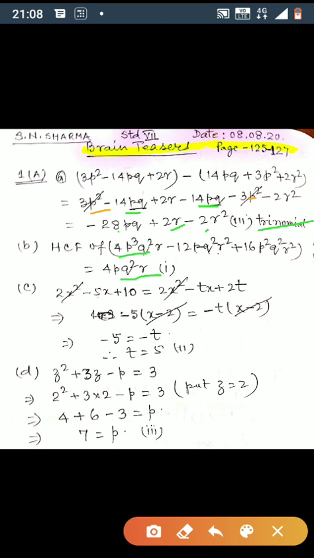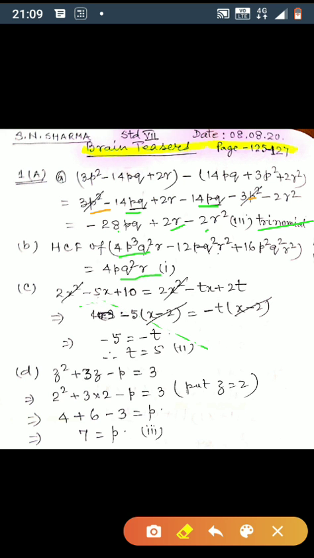Now question number C, for what value of t are the expressions 2x² − 5x + 10 and 2x² − tx + 2t equal. So 2x² − 5x + 10 can be written as equal to 2x² − tx + 2t.